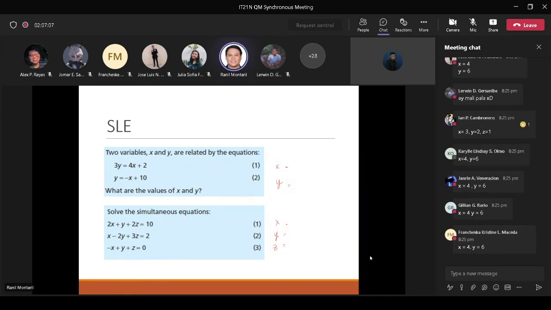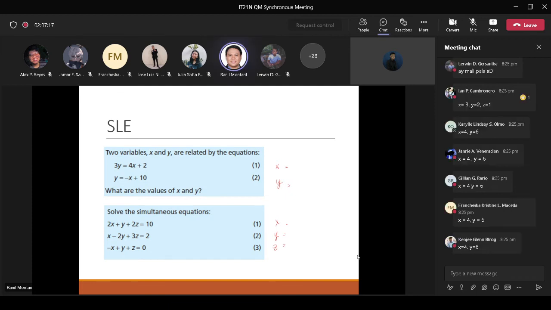Anyway, we'll validate that later. So, okay. What else? How about the 3 by 3? Meron si 321, tama yan. Tama yan sa'yo. Okay. Halos pare-pareho yung sagot. That's good. Lerwin, counter check mo yung sa'yo. And then Jillian and Ian solved the 3 equations, 3 unknowns.